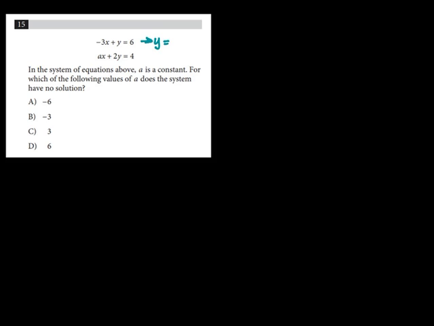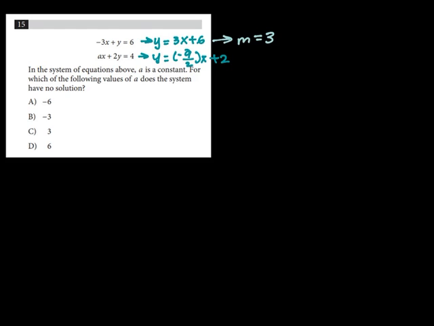So the first equation would be y equals 3x plus 6, and all we did was add positive 3x to both sides. And the second equation would be y equals negative a by 2 times x plus 2.